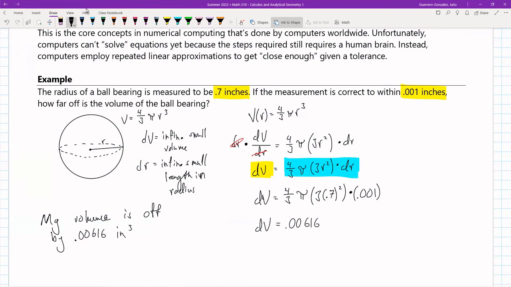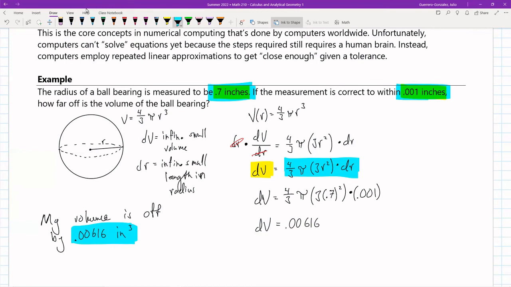So what did we just do here? We were given two values: the radius of a ball bearing, and how much off that measurement could be. Based off of those two things, we were able to find out how far off our computed volume would be.